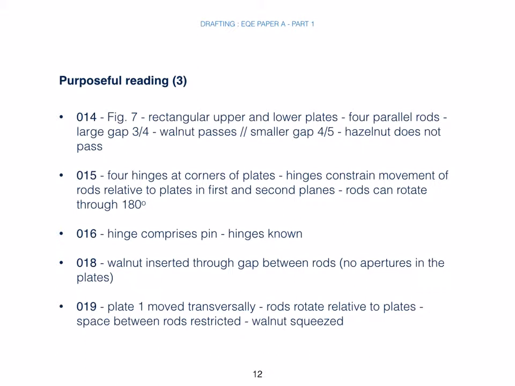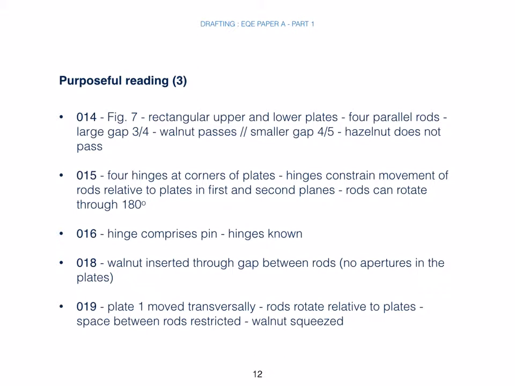Figure 9 shows a walnut held on the plate 2 between the rods 3, 4, 5 and 6, and it says in brackets, the rods 5 and 6 cannot be seen. So that was paragraph 18, walnut inserted through gap between rods, no apertures.